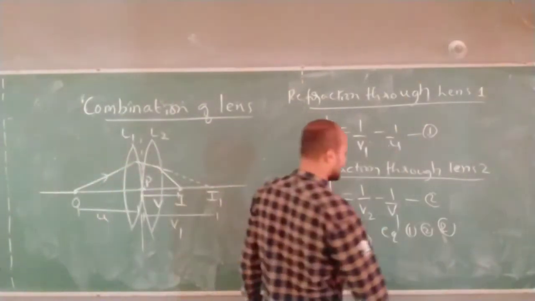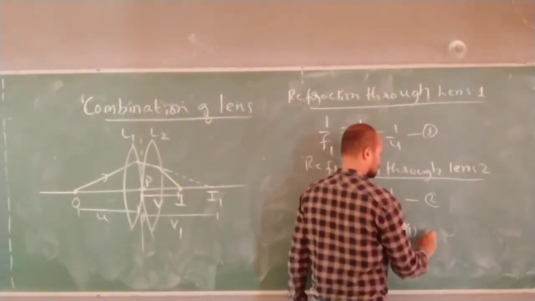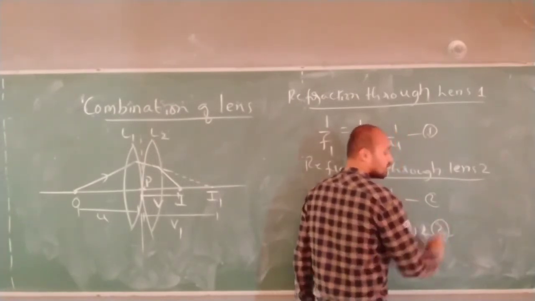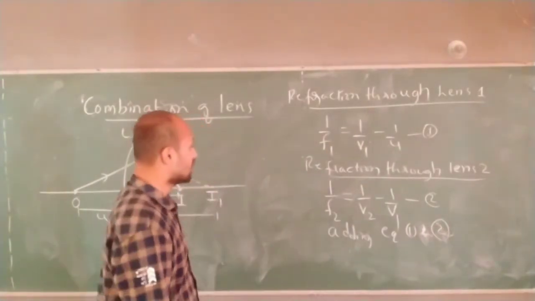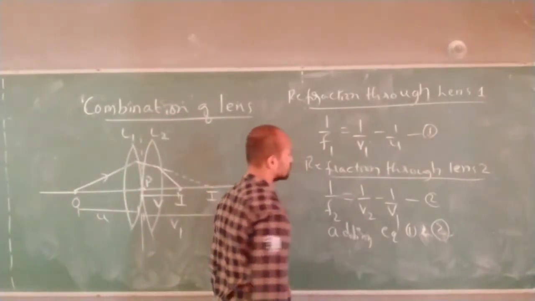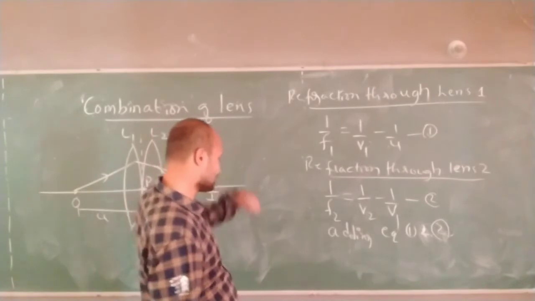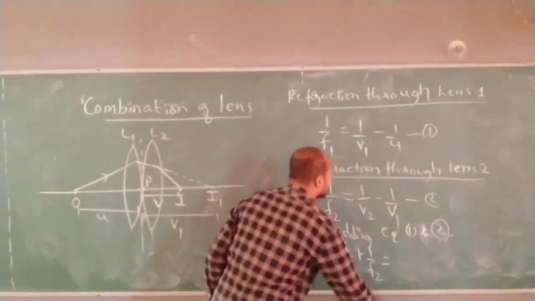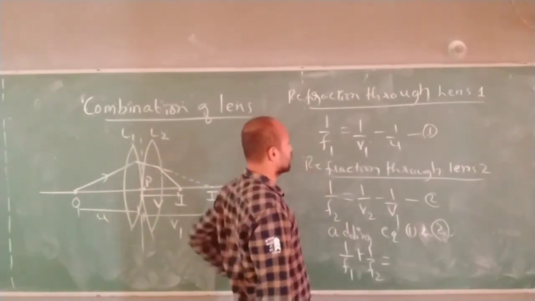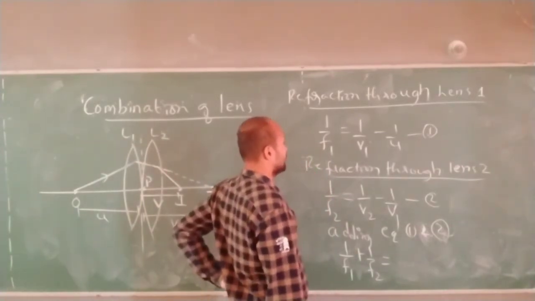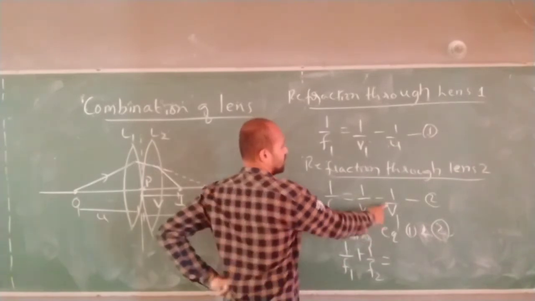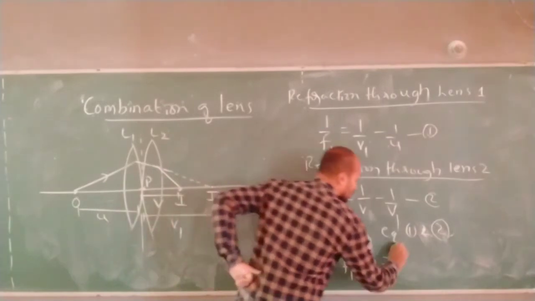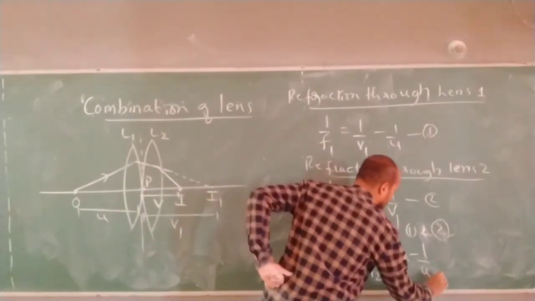Correct now? Adding equations 1 and 2, what am I going to get? 1 by f1 plus 1 by f2 will be equal to 1 by v1 minus 1 by u plus 1 by v2. This one will get cancelled. The final image is not v2, this has to be v. Finally we get 1 by v minus 1 by u.